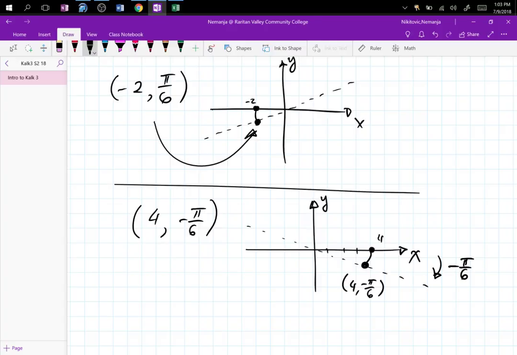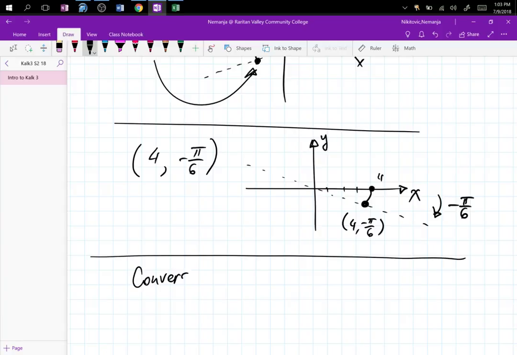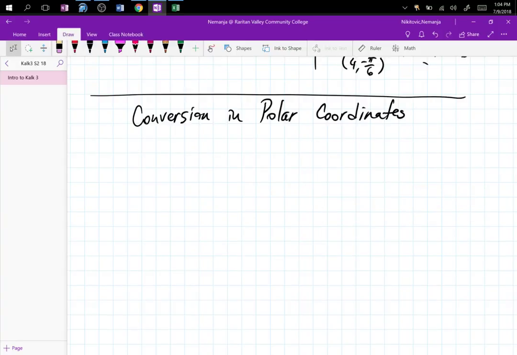So now, conversion in polar coordinates. We are going to build up on polar coordinates. Polar coordinates, as you can see, are two-dimensional, r and theta, right? So what we are going to do is build on top of those to create a 3D environment.